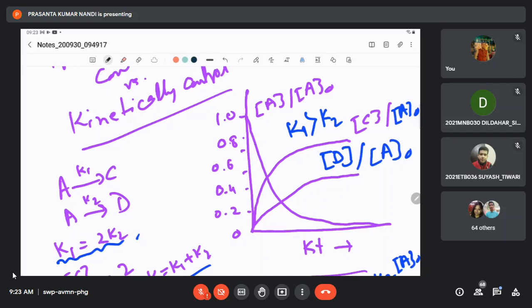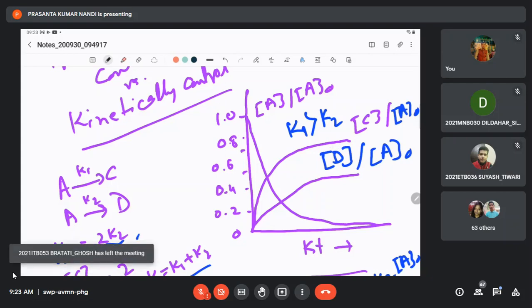And the lower plot is the concentration of D by A0. We are plotting versus time. So this is the typical graph. And naturally, this is one assumption that K1 is greater than K2, so that the concentration of C at any time would be formed to a greater extent. If the reverse is the case, then D should be higher.